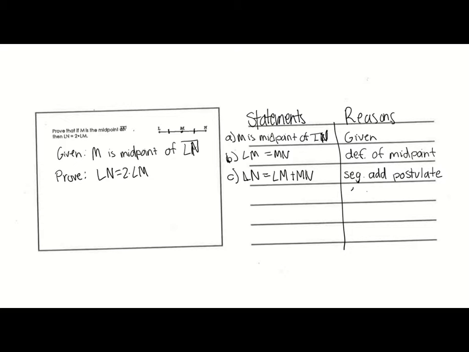So we're getting close here to what we want to prove. We want to prove that LN is equal to 2LM. So if we know that MN here is equal to LM, we can substitute that in. So our next statement, LN is equal to LM plus LM. And that is our substitution property.